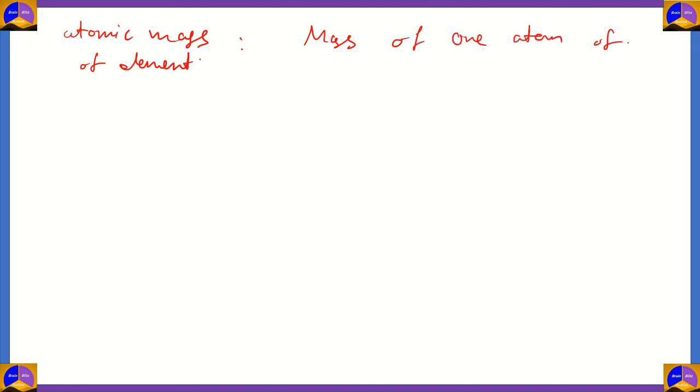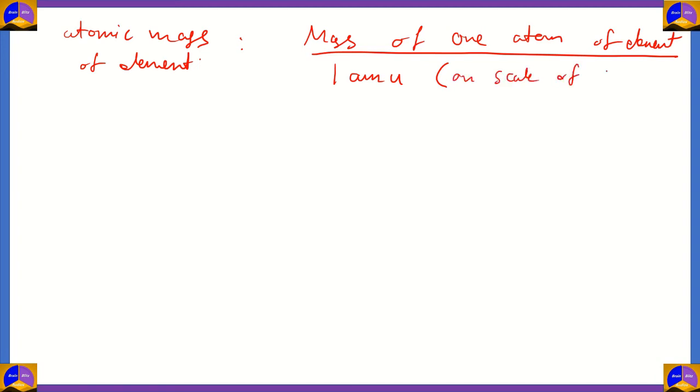The atomic mass of an element is usually written down as the mass of one atom of the element divided by 1 atomic mass unit. And over here, since the scale is 1 by 6, let's write it on the scale of 1 by 6 of carbon-12 atom's mass.